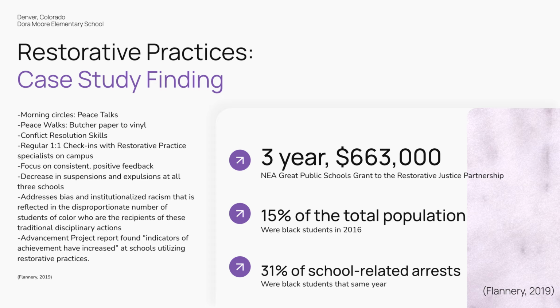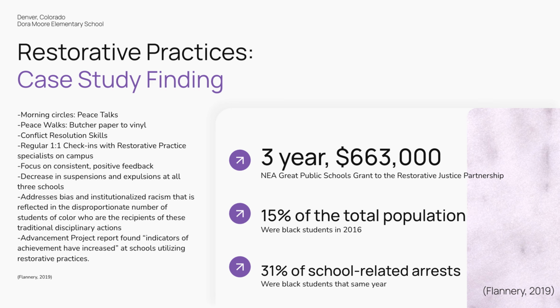Something that they talked about was the school to prison pipeline, which was of major concern when they took on this grant. It had been a focus of study in the area, and they wanted to make a change and impact on it. 15% of the total population were Black students in 2016, and 31% of school-related arrests were Black students in that same year.